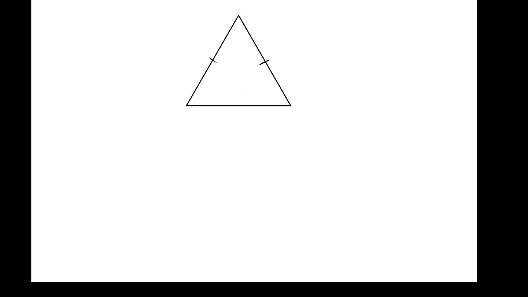So we have a triangle, and it's isosceles, so at least two of the sides are congruent. We have one angle here, which is 2x degrees, and we're going to find the value of x. Now, what should we know here? All the sides opposite these congruent angles are going to be congruent.